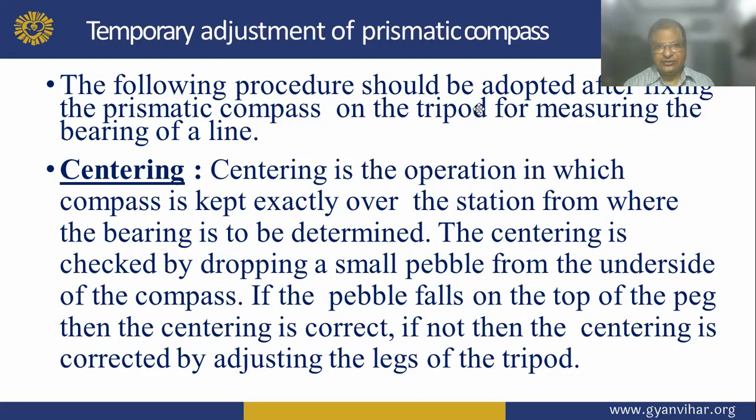One, centering. Centering is the operation in which the compass is kept exactly over the station from where the bearing is to be determined. The centering is checked by dropping a small pebble from the underside of the compass, and if the pebble falls on the top of the peg, then the centering is correct.